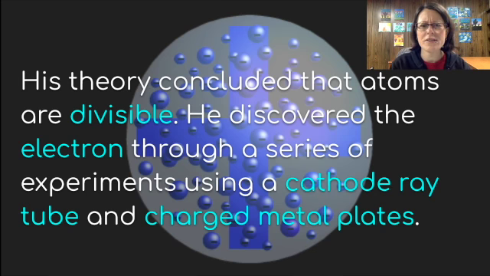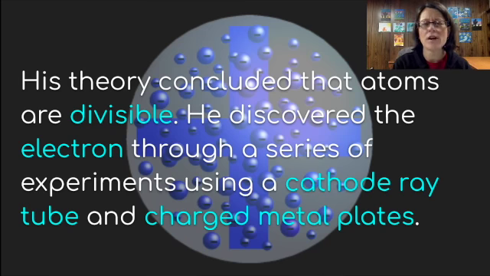What he did is he took a cathode ray tube like this, and there was a positively charged plate and a negatively charged plate that he surrounded it with. And when the particles go through, he knew that they were negatively charged and they would hit the tube and cause a flash of light.